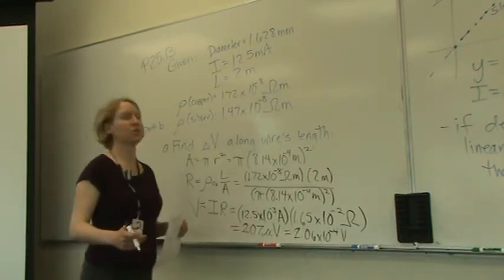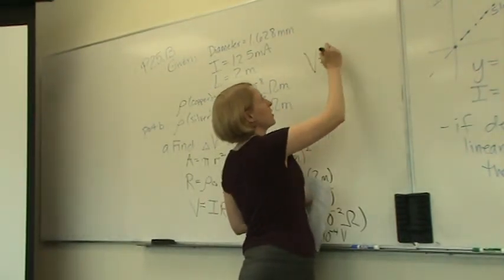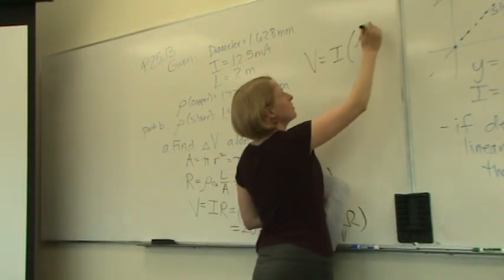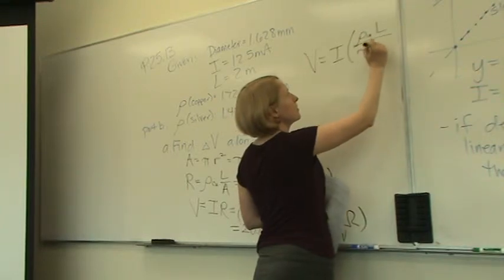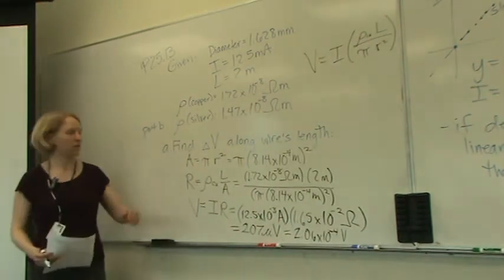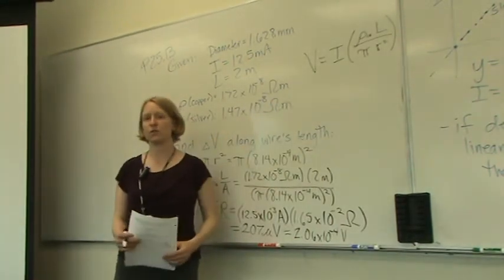What's the equation that you did? V equals I times R. So what did you plug in for R? R is resistivity times length over area, and area is pi r squared. All right, so you can do all 3 steps in one step, if you choose.